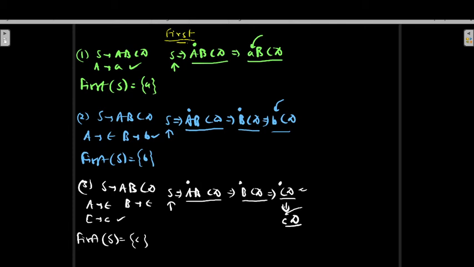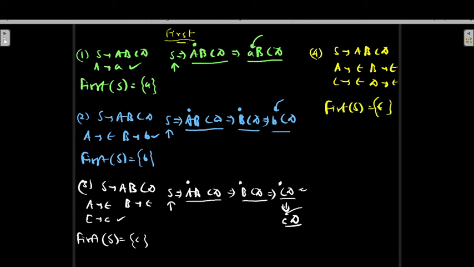Now consider the last case. In the last case, it is given that S produces ABCD and A produces epsilon, B produces epsilon, C produces epsilon and D produces epsilon. So first of S will have epsilon. Why? Because S produces ABCD.